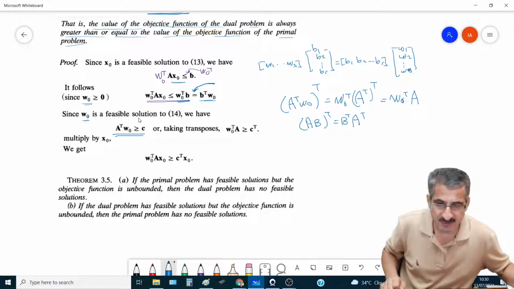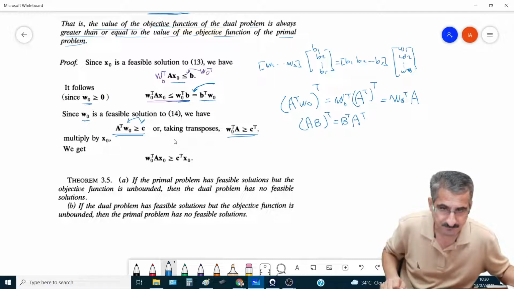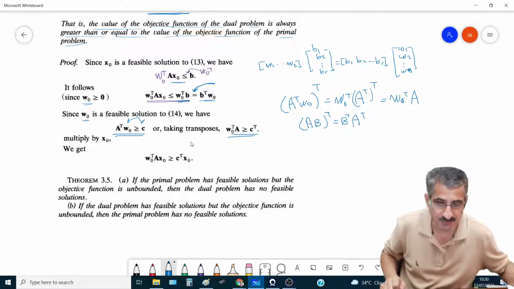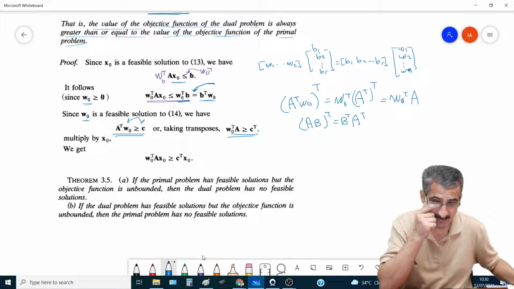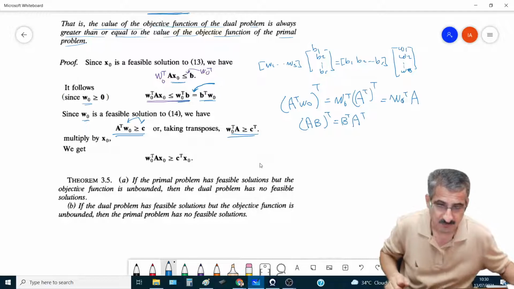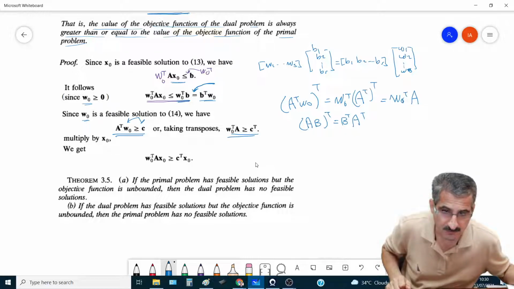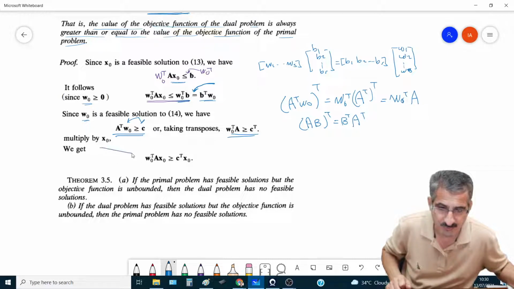Okay, so taking the transpose of this side and this side will give us this information here. Okay, now notice what we do here. Now how do we conclude this in here.